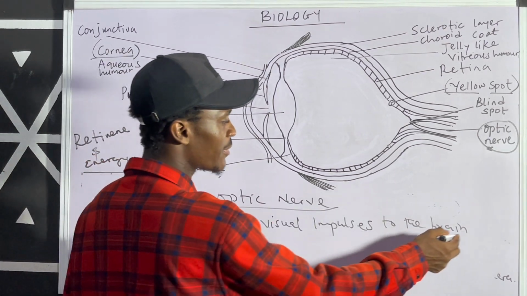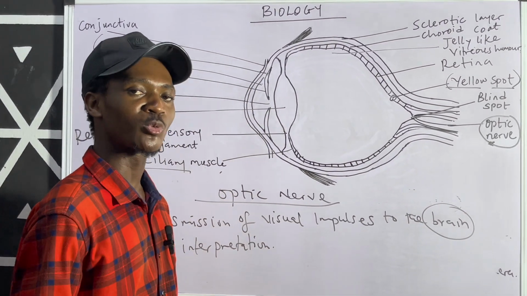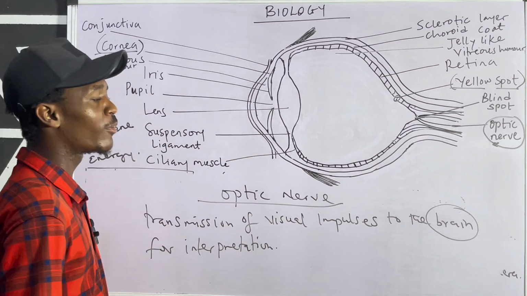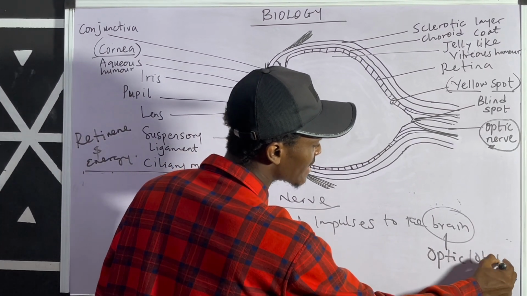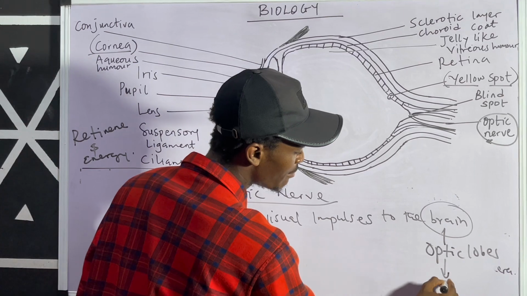And what part of the brain does it carry the visual impulses to? It takes the visual impulses to the optic lobes that are present in the midbrain.